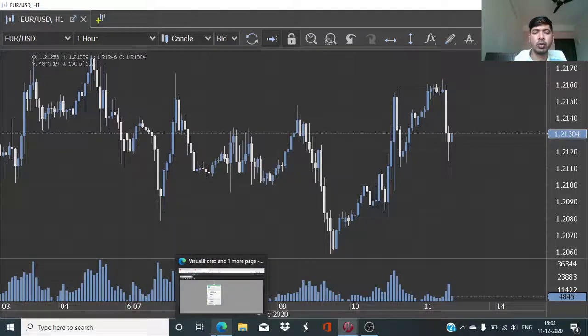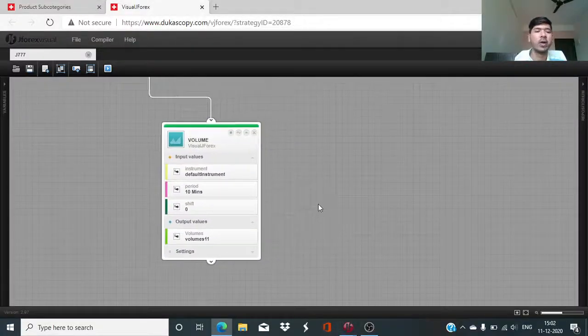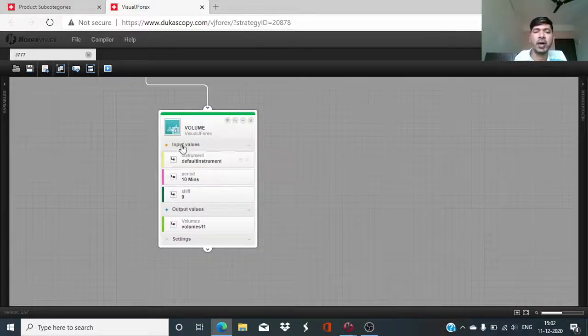Now we head back to the Visual JForex board, where I will try to explain to you the customization of this indicator. We have to define these three input values. First is the instrument of your choice. If you want to work with the Euro USD, then you don't have to change anything. You can keep the Euro USD as it is.